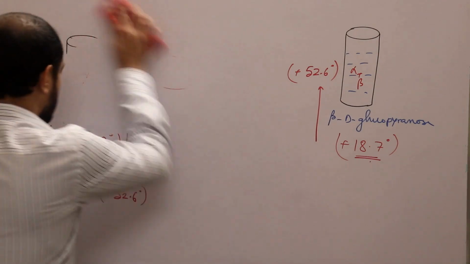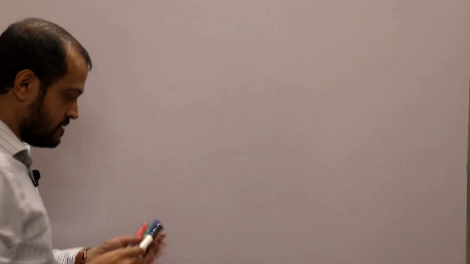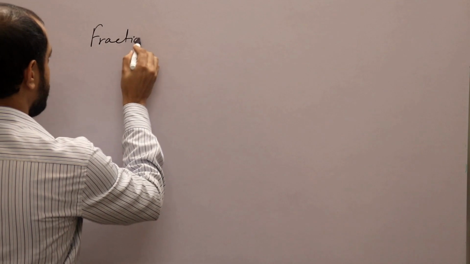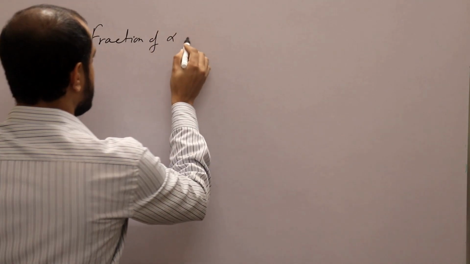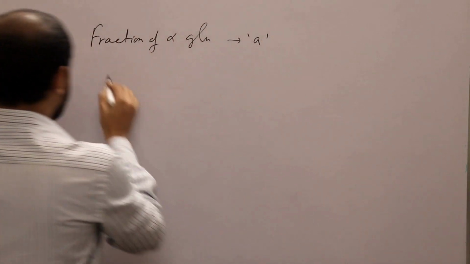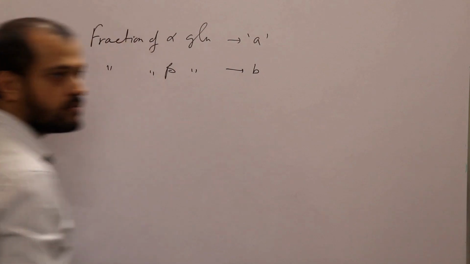For this, just remember, let the fraction of alpha D-glucose be A and the fraction of beta D-glucose be B. Then what will happen?